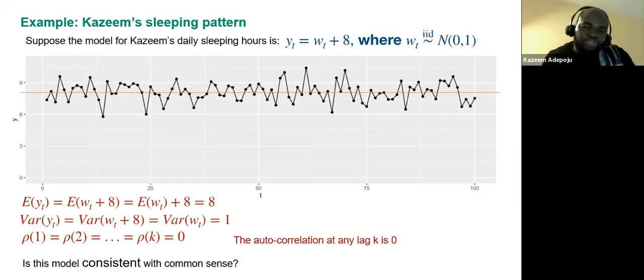Now my question to you is, does your whole model also look like this, or do you have something different? Somebody said my sleep schedule is also dependent on my sleep schedule the day before. Thank you for sharing.